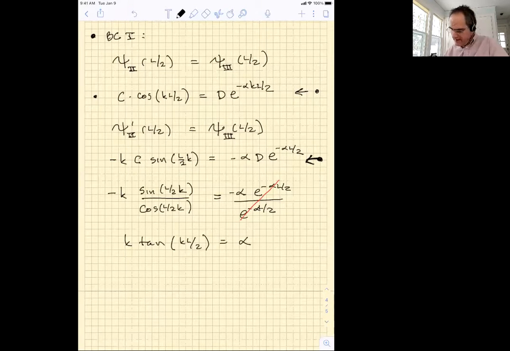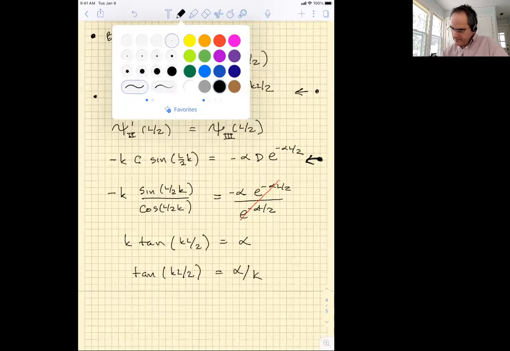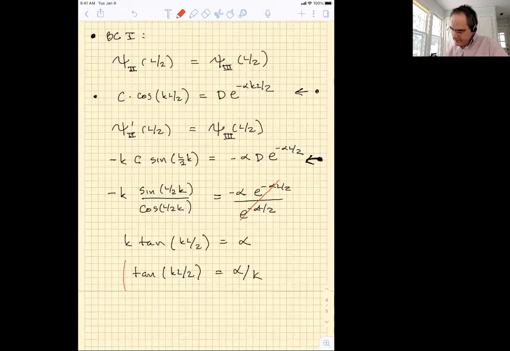Okay? Or finally, tangent of kL over 2 is equal to alpha over k. No automatic perfect square, but there's our solution. All right.